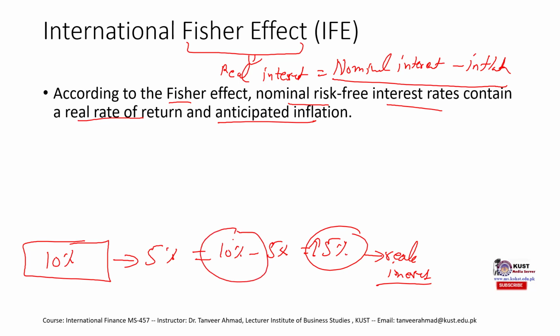rather than the 10% of interest that the investor is earning. So what this Fisher effect says is that the nominal interest rate contains the real rate of return and the anticipated inflation. So this nominal interest rate contains 5% of inflation part, which we have deducted from it, and the remaining 5% is the real rate of return.